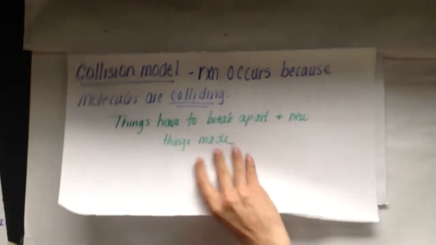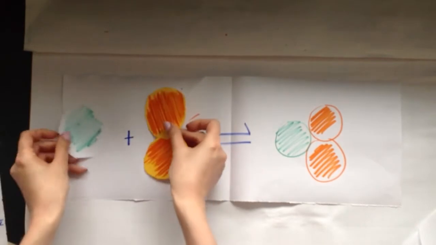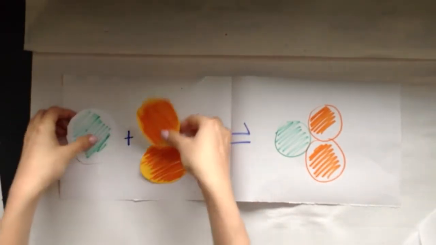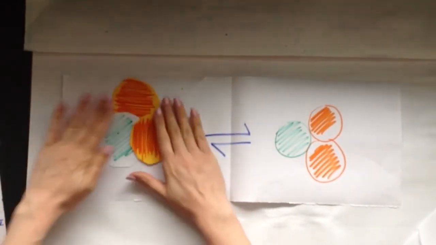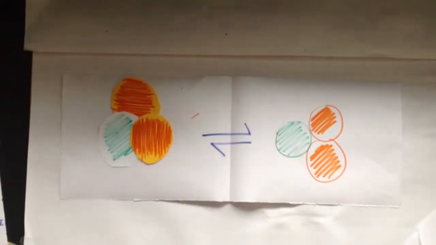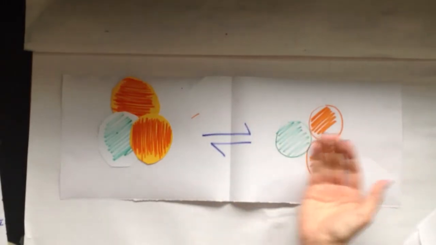So if I have my example seen here, if I want to make this final product, what has to happen is these reactants must somehow collide, and either break apart or form together. This is the collision theory, that your reactants are going to constantly come into contact with each other to make my products. Notice the arrows are both forward and reverse.